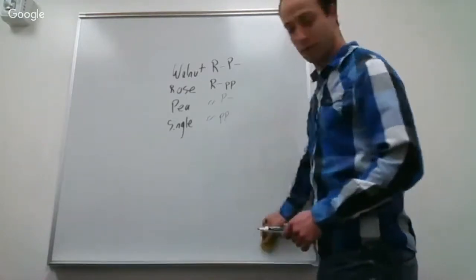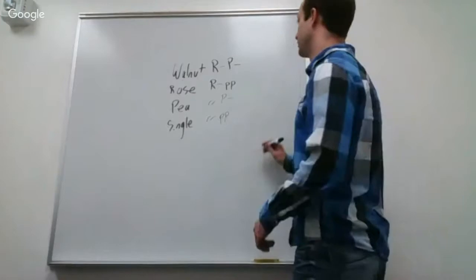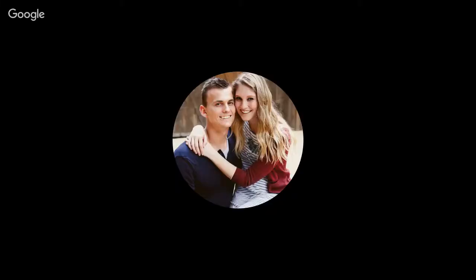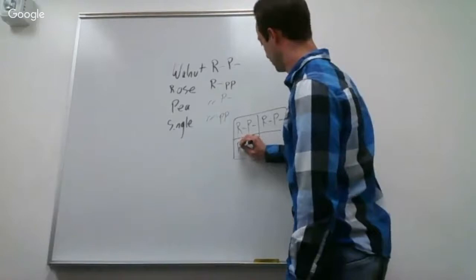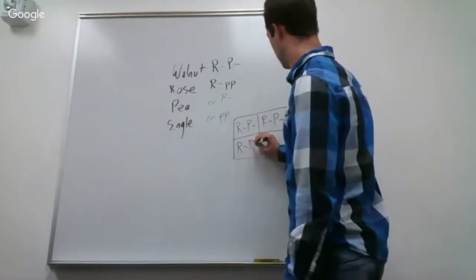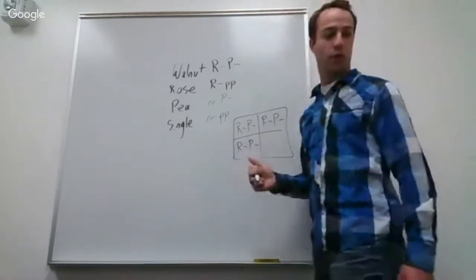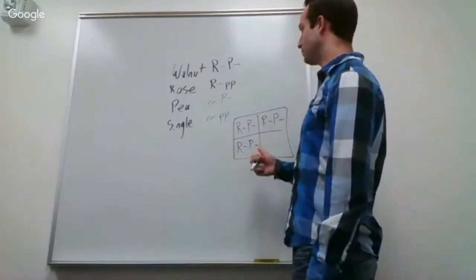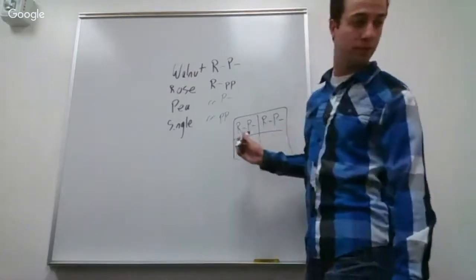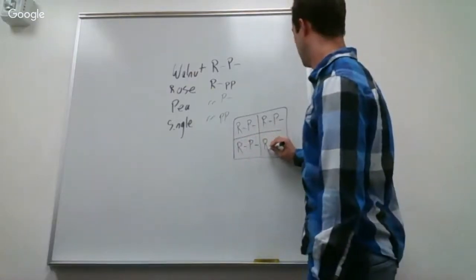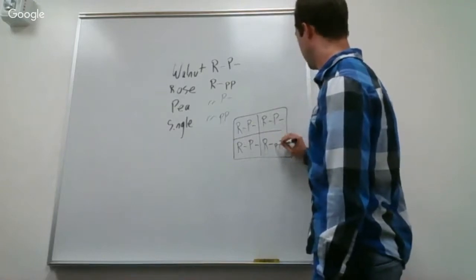and 1 rose. So there's your, those are your 3 walnuts. Then you need 1 rose. Yep. R, a little p.